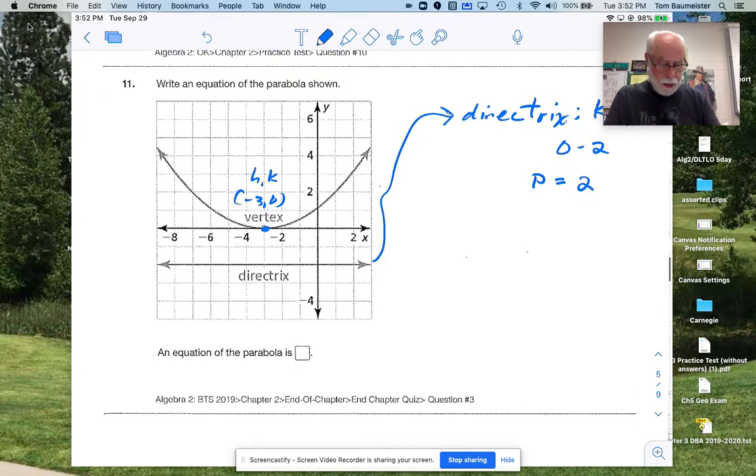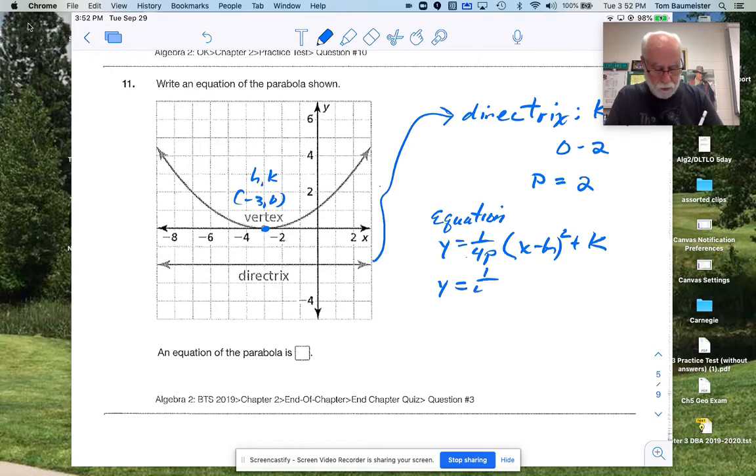Now this one is opening up or down. Remember, if it's opening up or down, your equation is different. On this one, our equation is going to be y is equal to 1 over 4p, in this case times x minus h squared plus k. You just told me that our p-value is 2.